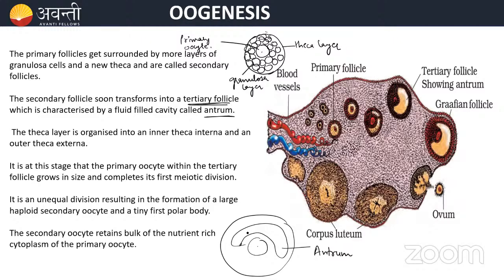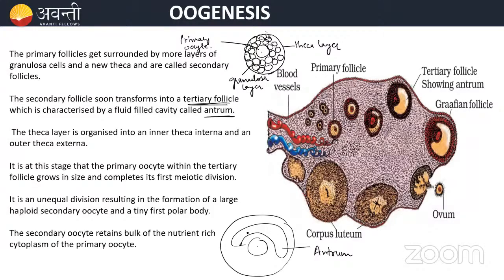And the secondary oocyte has a bulk of the cytoplasm, which is contributed by the primary oocyte. And the first polar body later gets degenerated. Why does it degenerate? Because most of the cytoplasm of the primary oocyte is contributed to the secondary oocyte. So the first polar body has a very low amount of cytoplasm.